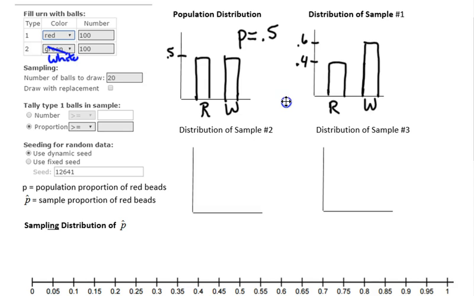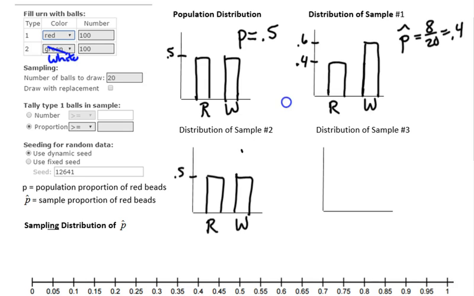My second sample had 50% red and 50% white, just like the population. So my second sample looked like this, red and white. P hat in this case, which is the sample proportion, was 8 over 20 or 0.4. Here P hat was 10 over 20, which is 0.5.